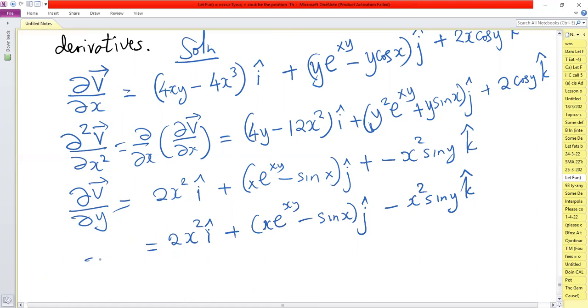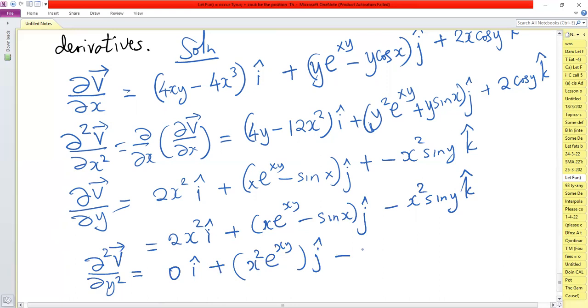So partial squared v partial y squared. Now we differentiate this answer with respect to y. So the i component will be 0, plus, at this point, we'll get x squared e raised to power xy. This will be 0 because there's no y.